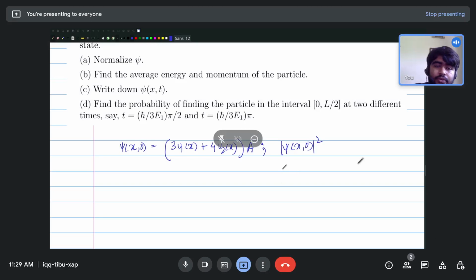We are calculating the normalization of |psi(x,0)|^2. To normalize it, we have to make sure that the integral from 0 to L of this quantity dx is equal to 1.